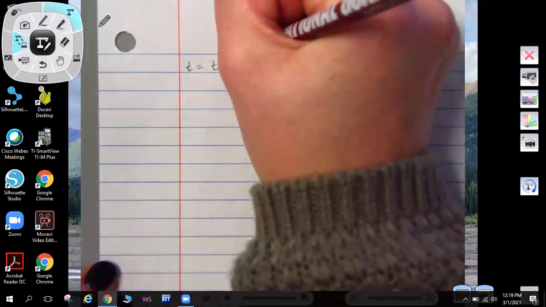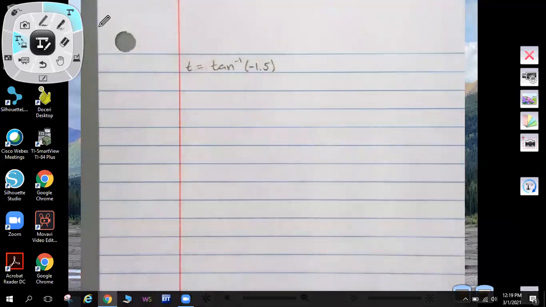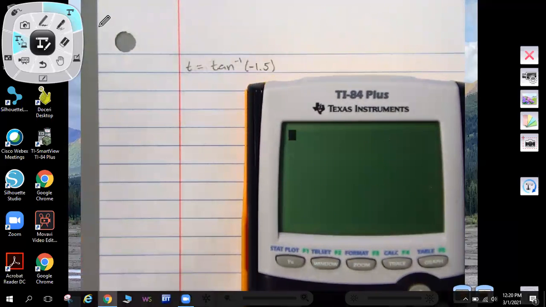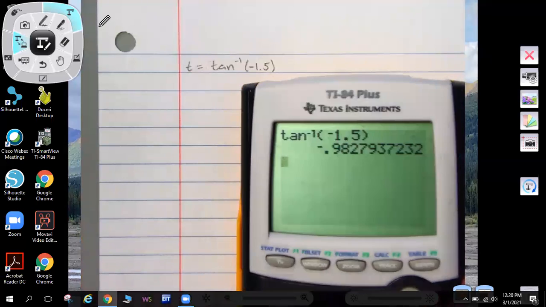So this is where I'm picking up. t equals tan inverse of negative 1.5. So we put this in our calculator, or at least I did, and then I told you guys what it was. And that wasn't a misstep. Tan inverse of negative 1.5. And let's go ahead and still round this to 5 decimal places. So we get negative 0.98279. Sorry.